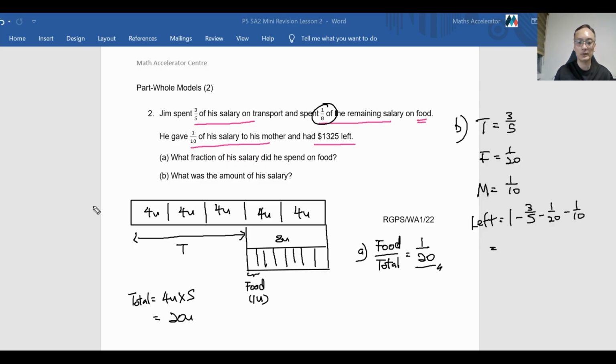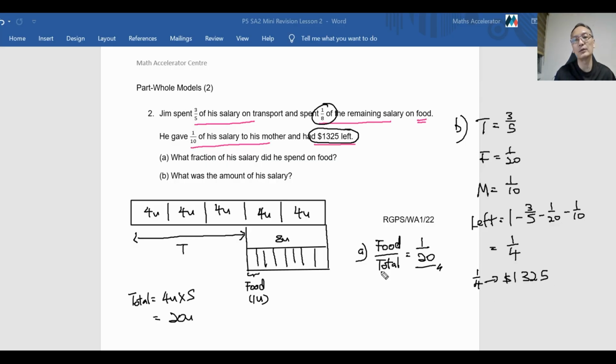So this paper 2, we're able to use our calculator, and if you use your calculator to calculate, you will arrive at 1/4. So from here, we know that the fraction that was left is 1/4, and it's equal to $1,325. So 1/4 is equal to $1,325.